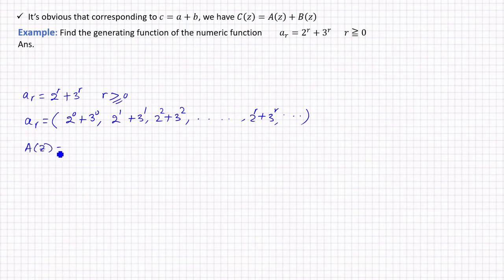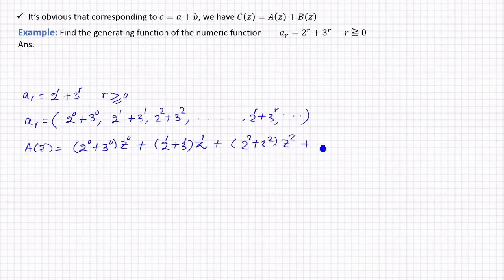So A(z) = (2^0 + 3^0) z^0 + (2^1 + 3^1) z^1 + (2^2 + 3^2) z^2 + ... + (2^r + 3^r) z^r and so on.